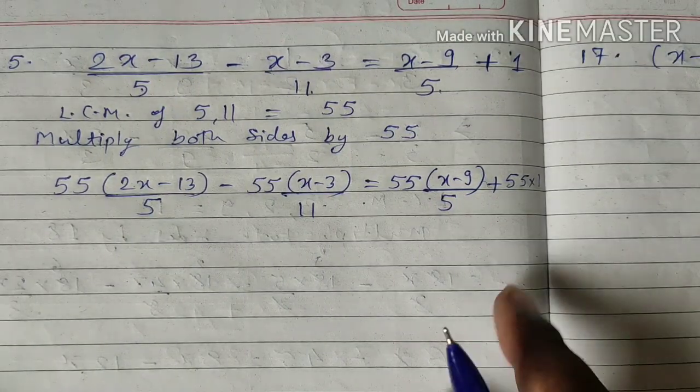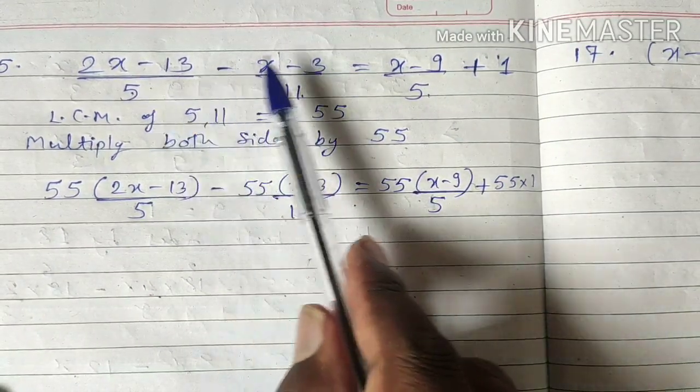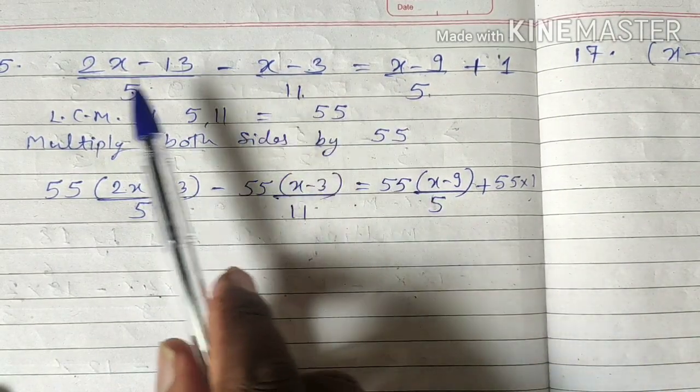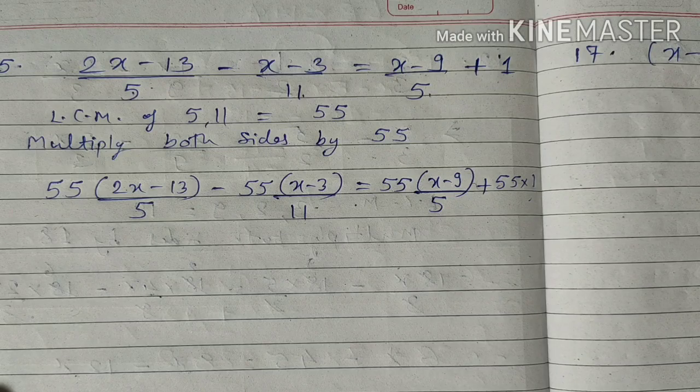Understood what we have done? So we multiplied each of the terms with 55 because 55 is the LCM of their denominators. And why are we multiplying with 55? To cancel the denominator. Remember this thing.